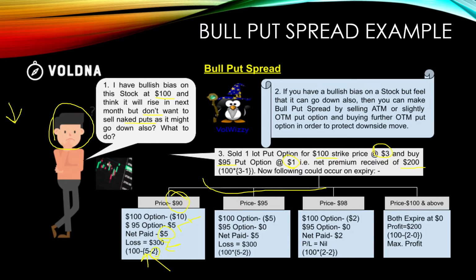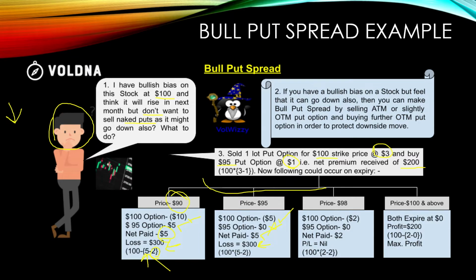What would be his profit and loss in case the stock expires at $95? The $100 option will expire at $5. The $95 put option will expire worthless. So what would be his profit and loss? His profit and loss would be the same, because now again he is required to pay $5 to the option buyer.